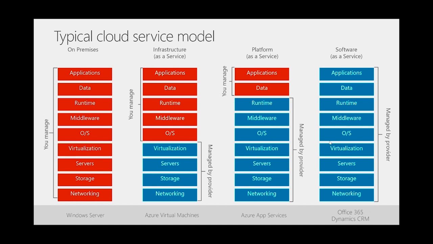Half of the stack will be handled by the provider, like Microsoft in this case, in infrastructure as a service, whereas you still have to handle some of the other stack. On the third column, you notice that you have less and less of the stack to handle. Essentially, you just have to handle the application and the data. And lastly, on the right-hand side, you notice that pretty much end to end is handled by the provider.